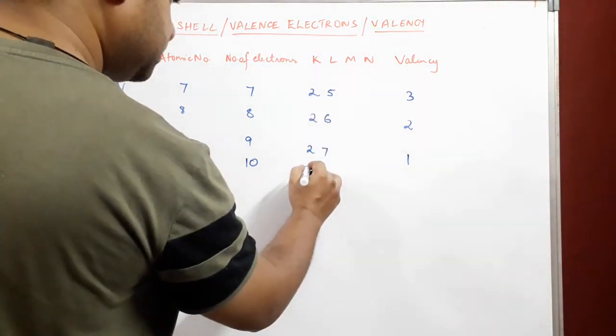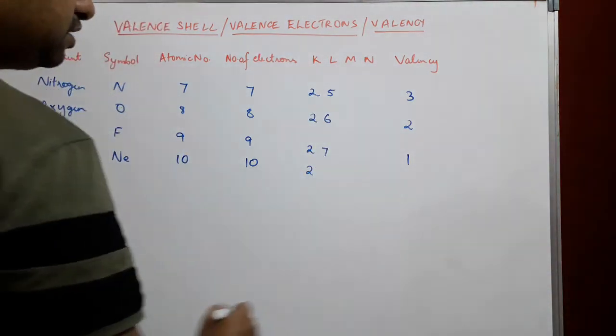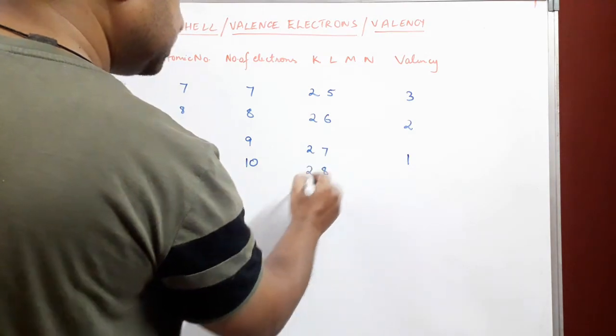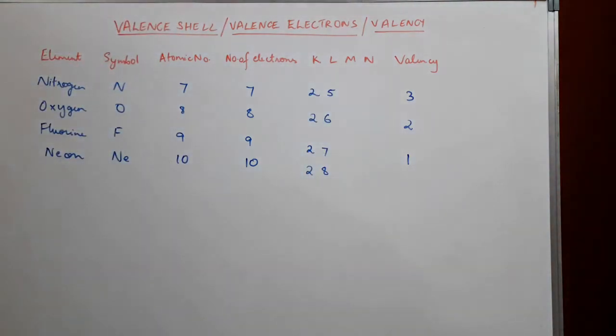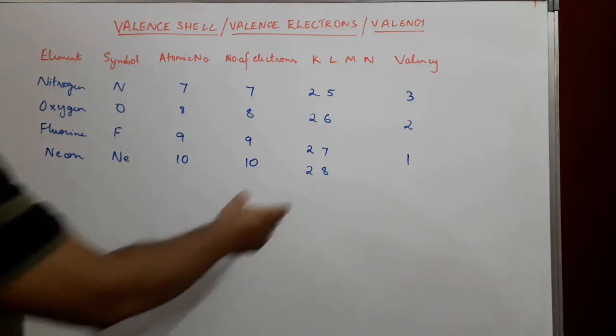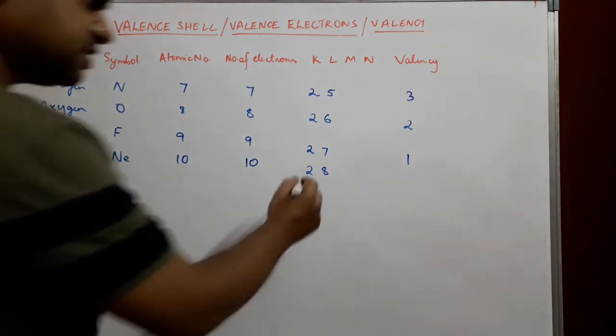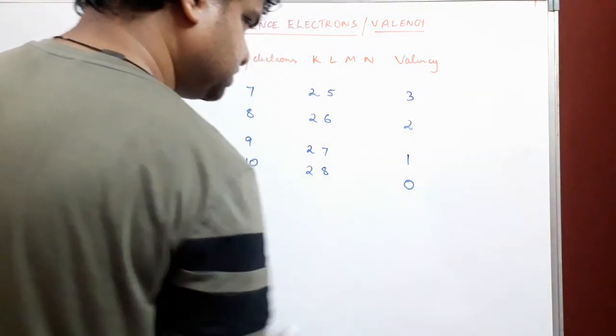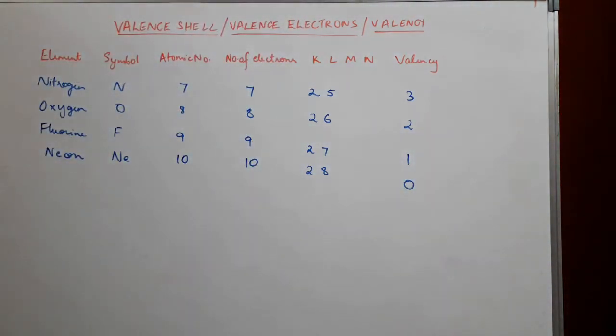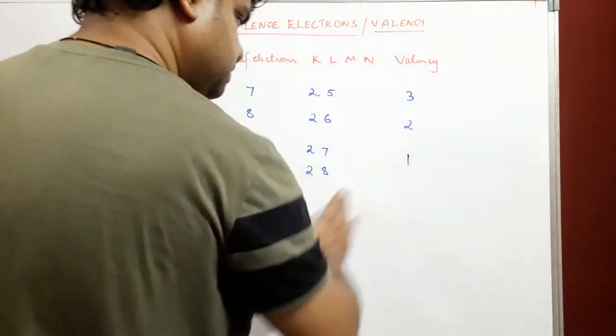So here the first 2 electrons go in the K shell followed by the next 8 electrons in the L shell. Neon does not need any electrons, neither does it have to lose any electrons. It is already stable. Hence the valency over here becomes 0, and neon is a noble gas. So I'll just write this on top.